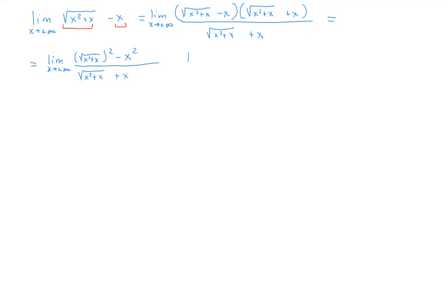So this will be the limit as x tends to positive infinity of x squared plus x minus x squared, divided by square root of x squared plus x, plus x. Do this first cancellation. Let's write it once just to look at it and think what we can possibly do in this case.